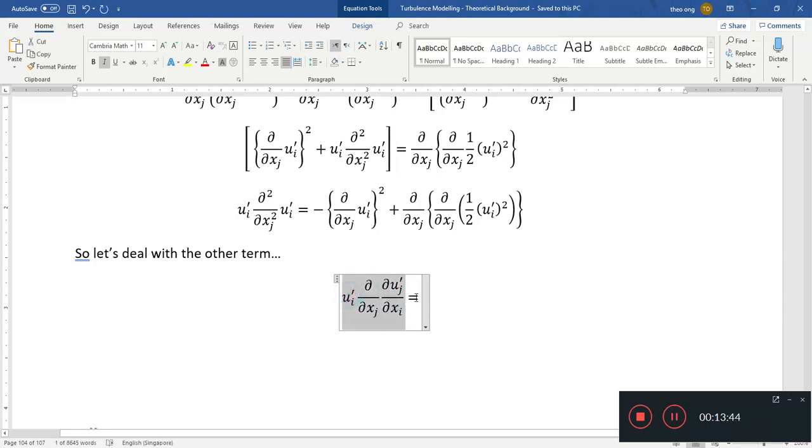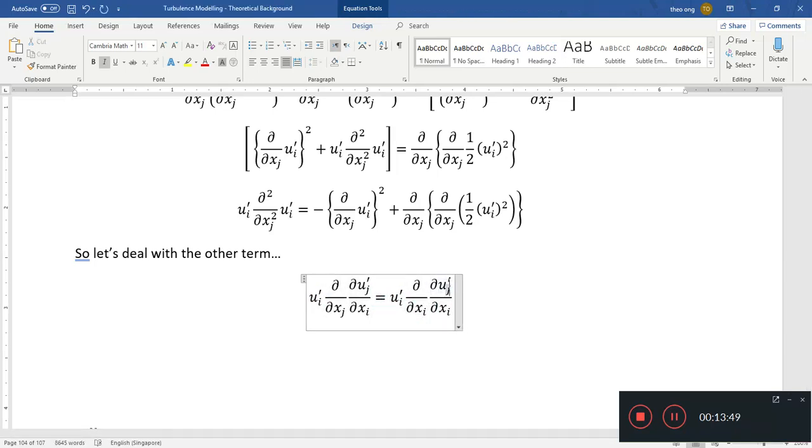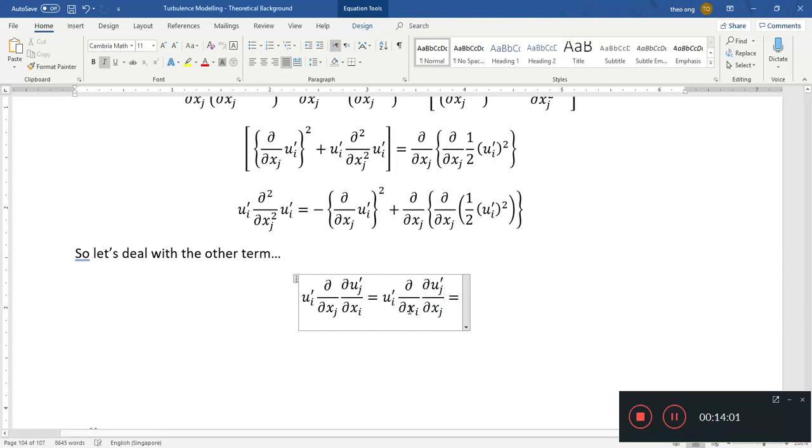Swap these two around, because it doesn't really matter which order you differentiate. That makes things a lot easier. You can just change the index, because there's only one index here. Actually, you better not mess around with the indices first.